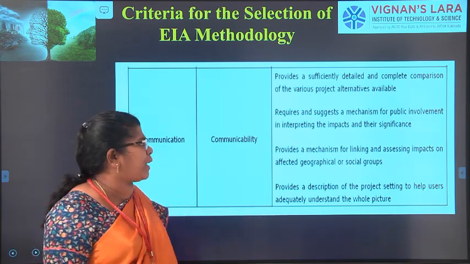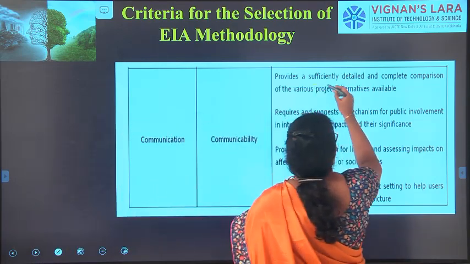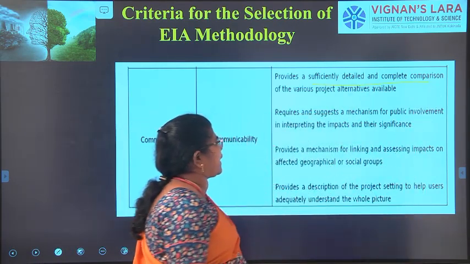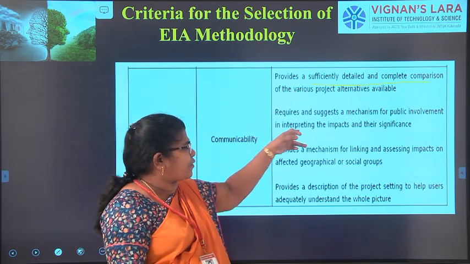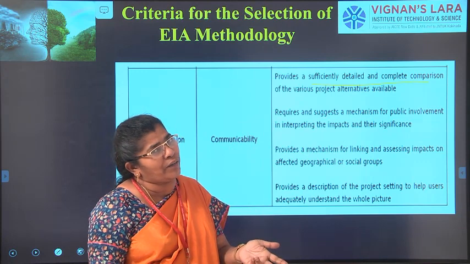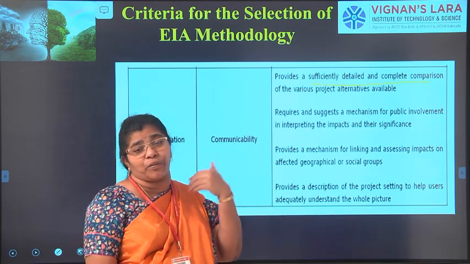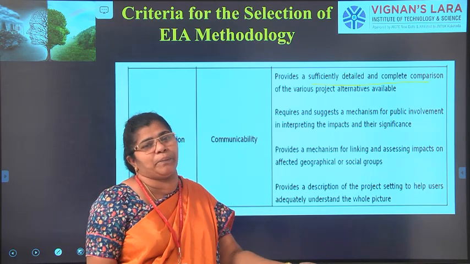It should be sufficiently detailed and complete, and also suggest a mechanism for public involvement. If I am not involving the public in the EIA, then there won't be any way of communicating the project to the people.